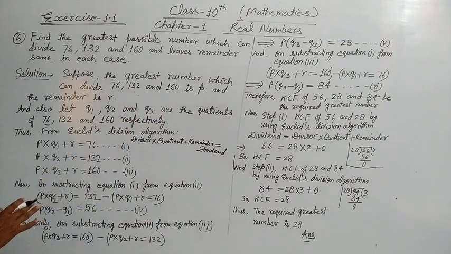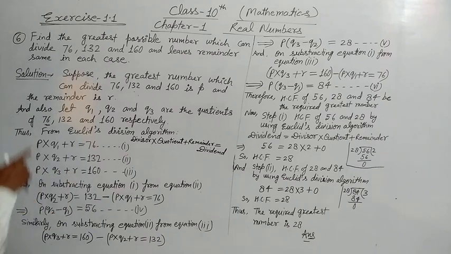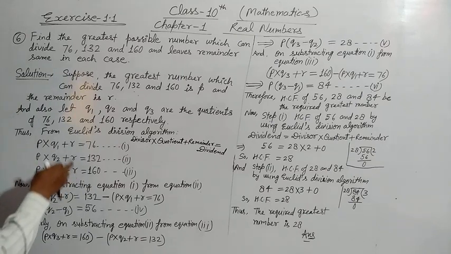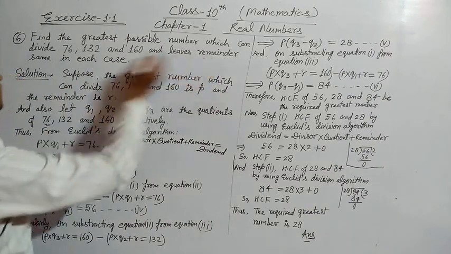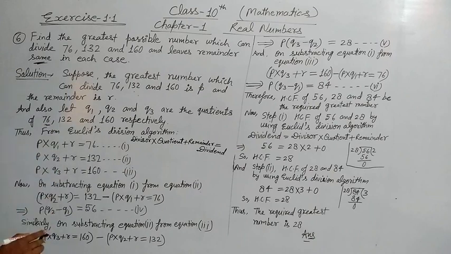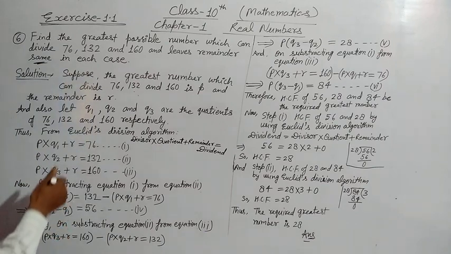Here is the divisor, here is the quotient and here is the remainder. The divisor is the same for all three numbers because it is the greatest number, the HCF, and the remainder is also the same because the question says it leaves the same remainder in each case. So we have taken R as the same number.